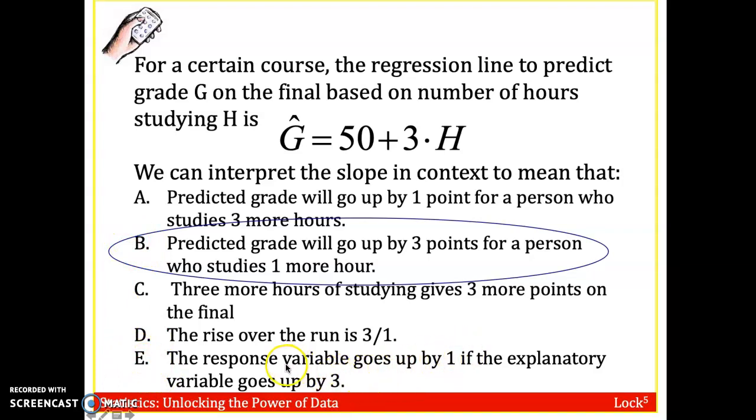If the response variable goes up by 1, the explanatory goes up by 3. The variables here are switched on E. So A, C, and E are all incorrect. D is correct, but it's not an interpretation. And B is correct and is a good interpretation of the slope.